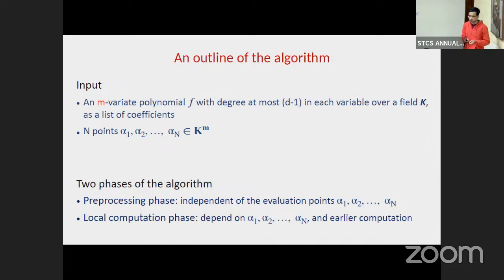In this phase, I'm going to go to each alpha_i, do some local computation based on the things already computed in the pre-processing phase, and write down the value of f at that point. This structure of the algorithm should already give you a data structure, and this is why the data structure essentially falls out of this algorithm.